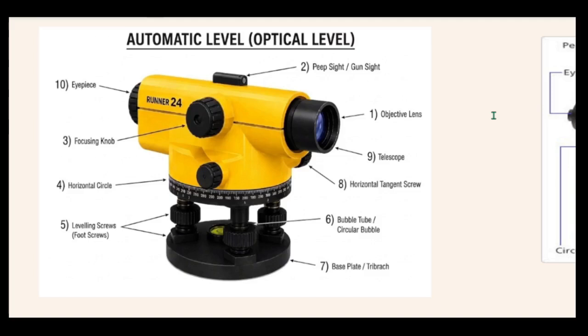It looks like the other old one. What is it called? Dumpy level. It's a very old mechanical one actually, but this one saves you more error than the dumpy level. So we're going to be looking at each of these parts here.